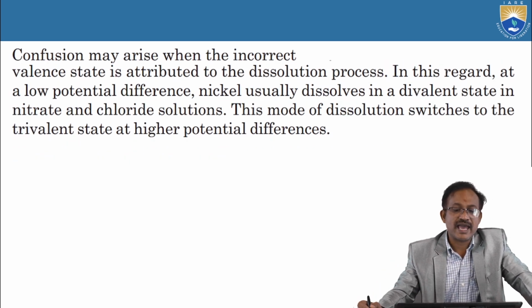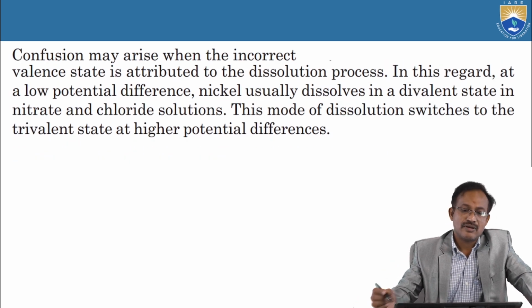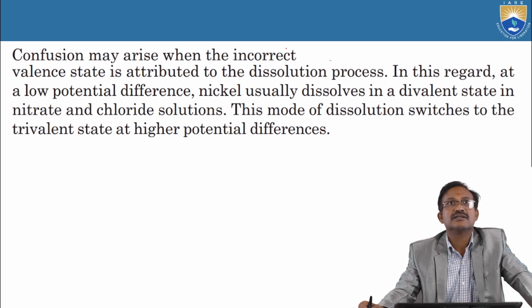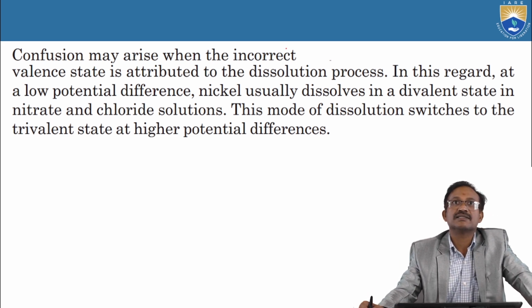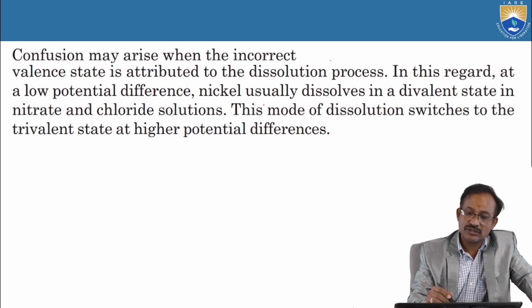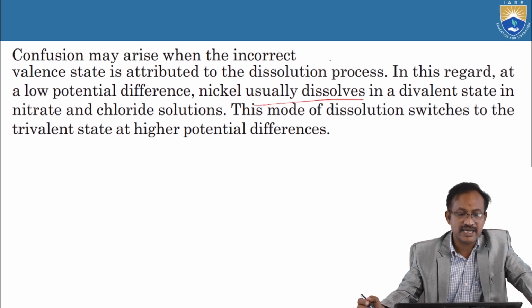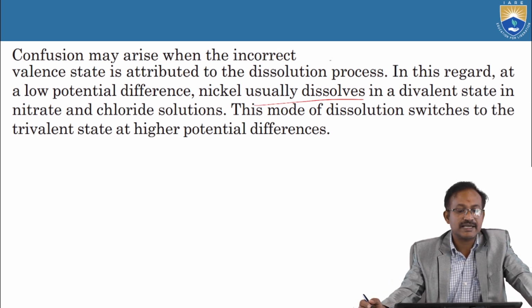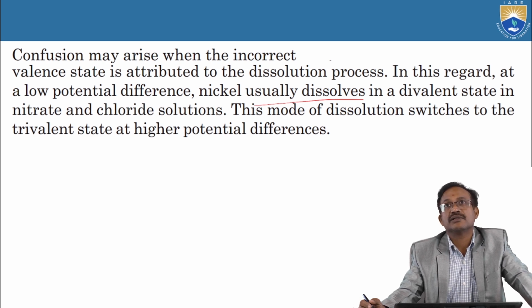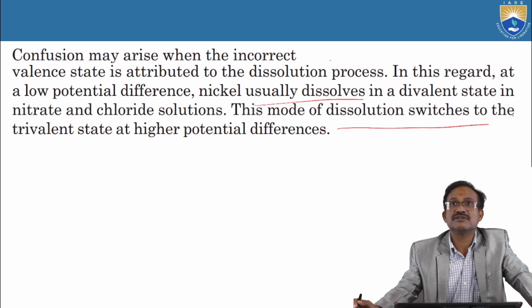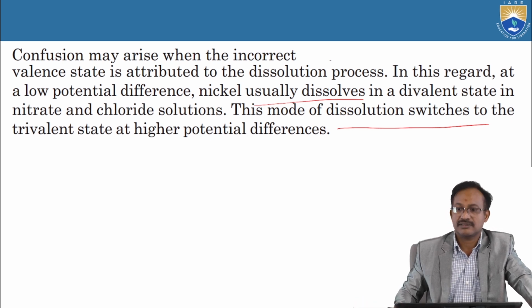Next, confusion may arise when the incorrect valence state is attributed to the dissolution process. In this regard, at a low potential difference, nickel usually dissolves in a divalent state in nitrate and chloride solutions. This mode of dissolution switches to the trivalent state at higher potential differences.